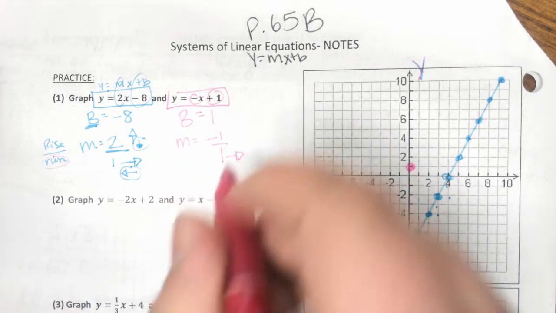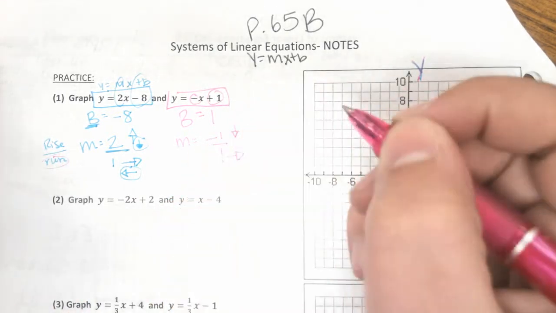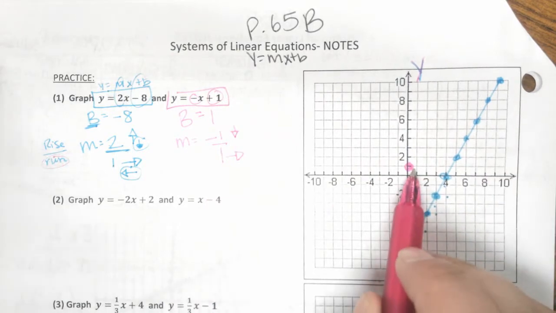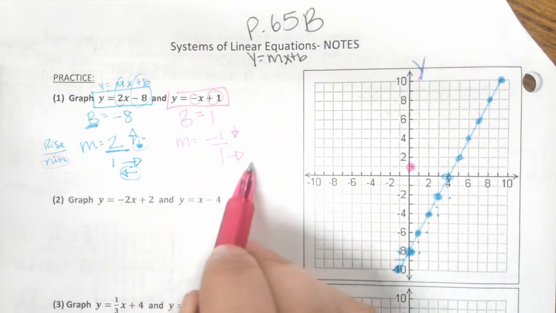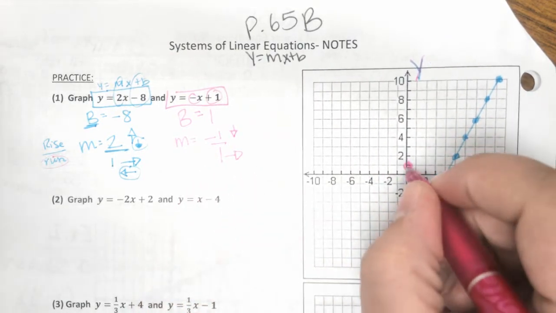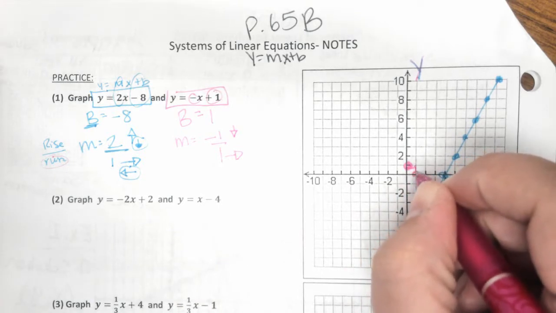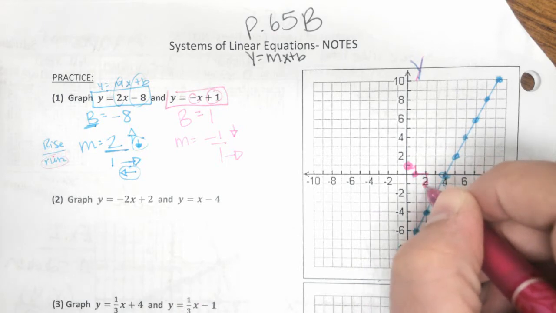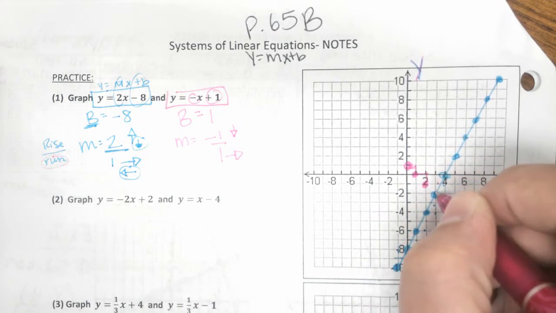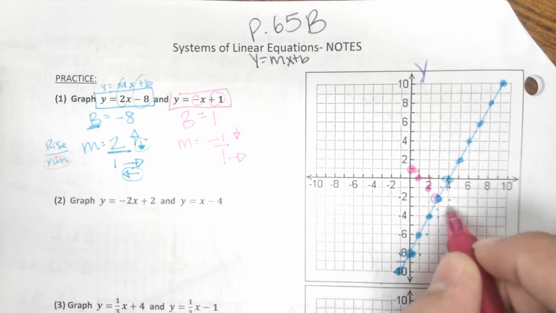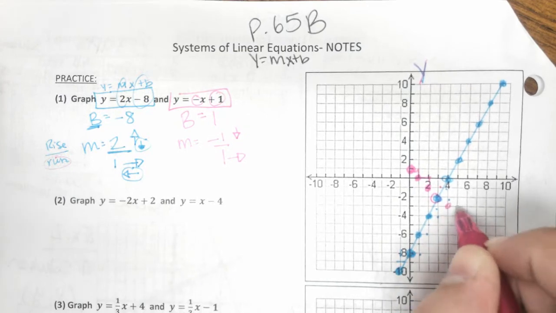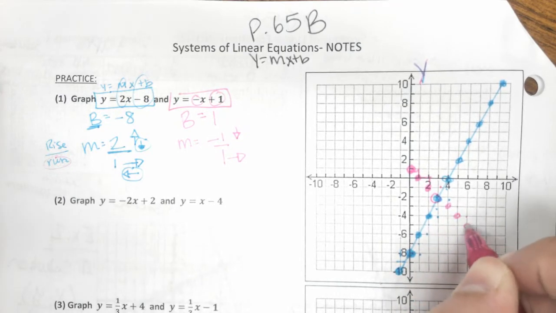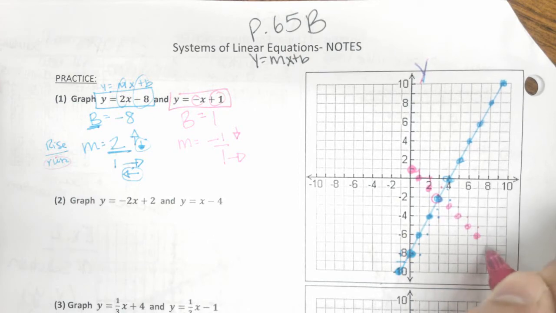Because this slope is negative, we're going to go down. So from this starting point, we're going right once and down once. From that new point, we go right one time and down one time, and you keep going right once and down once until you run off of the grid.